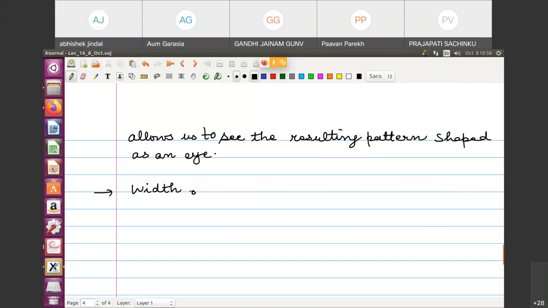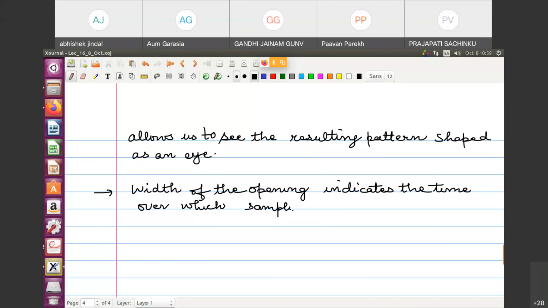So width of the opening indicates the time over which sampling for detection might be performed.